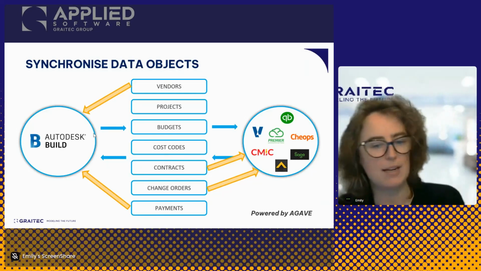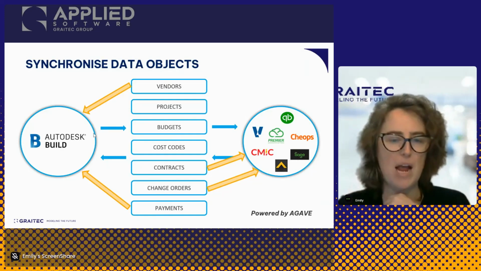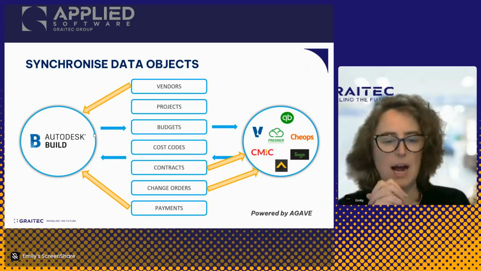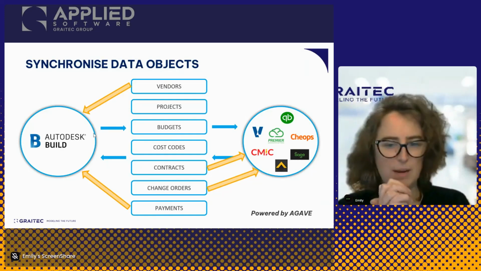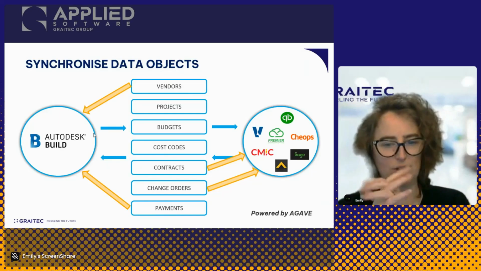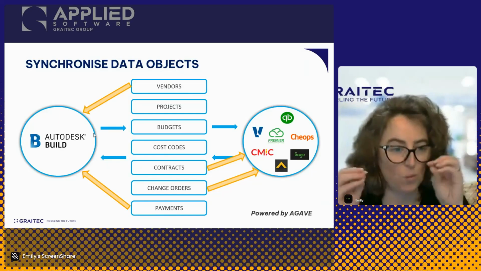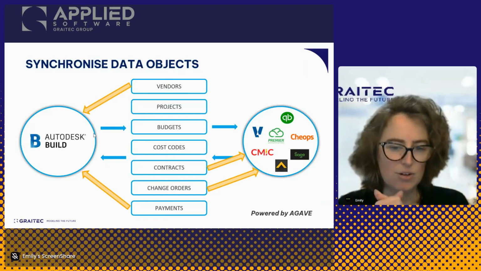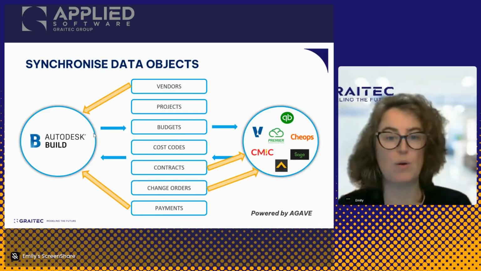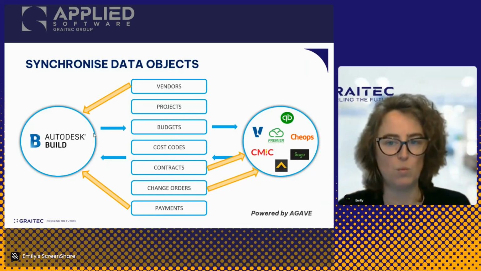So let's push that limited information back into QuickBooks, Sage, CMIC. And so those are a few of what I'm seeing today as standards. They can go in either direction. It really depends on what system you're using and your workflows.